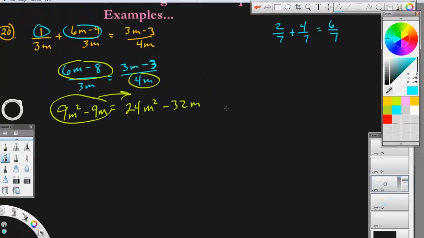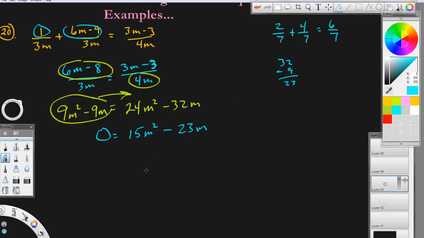Okay, so that's going to become 0 equals, now I have 24m squared and I'm taking 9m squared away from it. Okay, so 24 minus 9 is 15m squared. And I'm going to add 9m to negative 32m. So that's going to be minus 32 plus 9 is minus 23. So that'd be minus 23m.